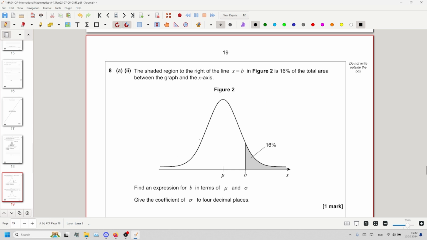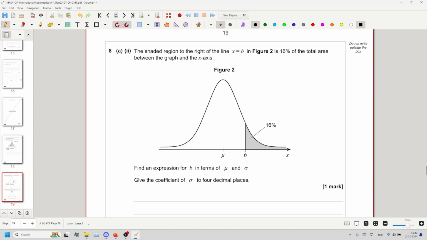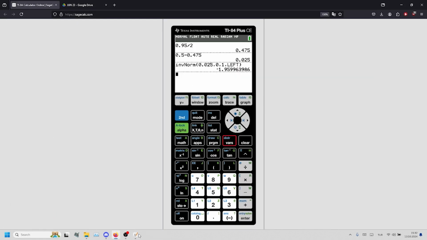It asks us that there's some value B and that this area is 16%. Now again, this is a simple inverse norm question, so we can assume a z distribution again. So let's find the inverse norm. Oh, that's the wrong menu.